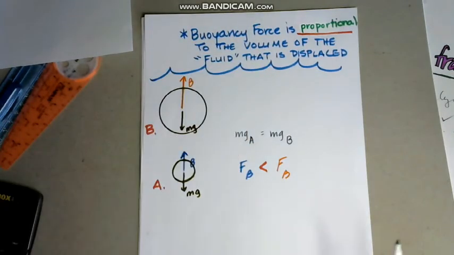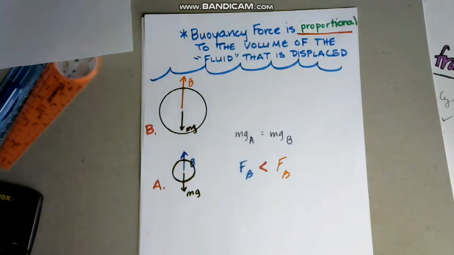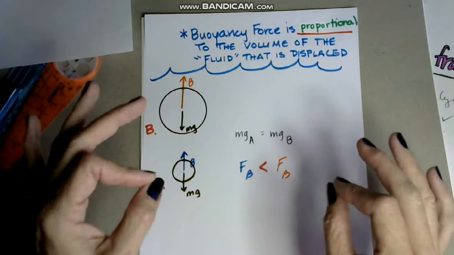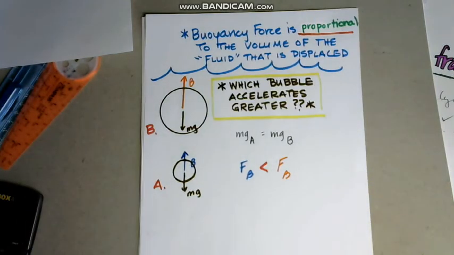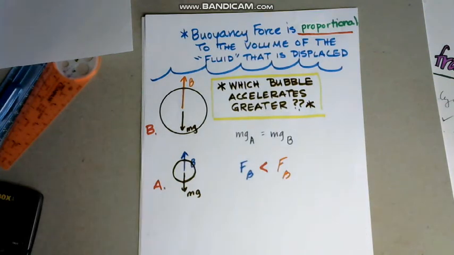Question: which of these has the higher acceleration? In other words, which one travels to the top faster? Boom. This is your question you're going to answer. Which bubble accelerates greater?